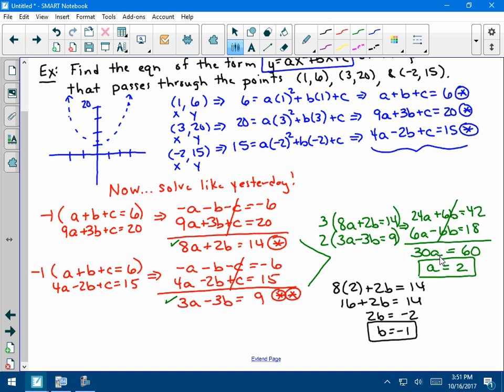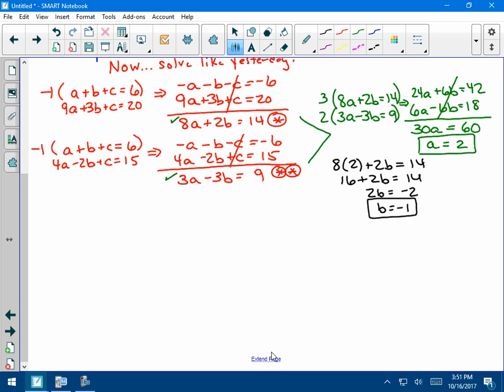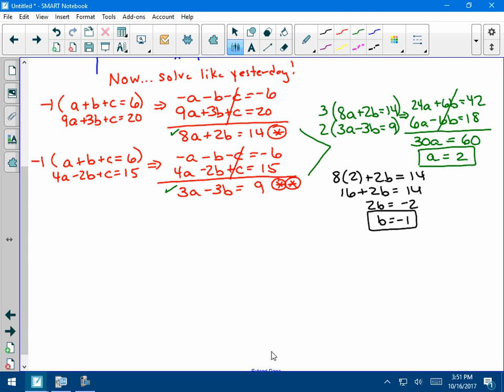And then I have to take a and b and plug them into one of the originals. Which one would you want to use? The first one definitely looks the easiest to me. So let's use a plus b plus c equals 6. So a is 2, plus b is -1, plus c equals 6. That's really 1 plus c equals 6, so c is 5.